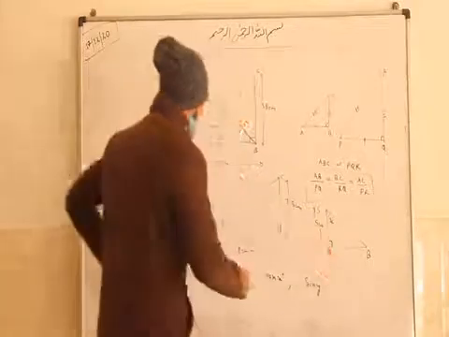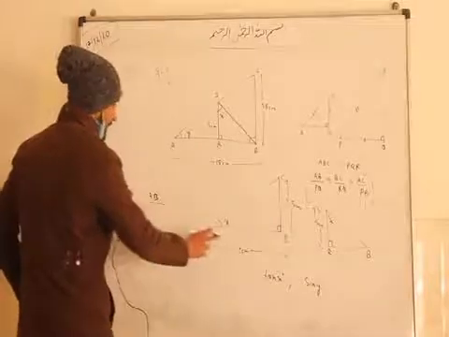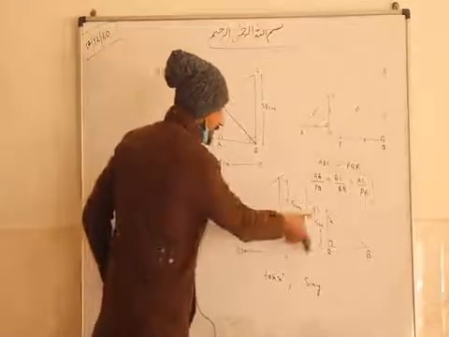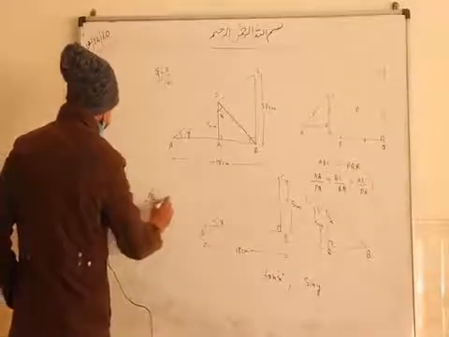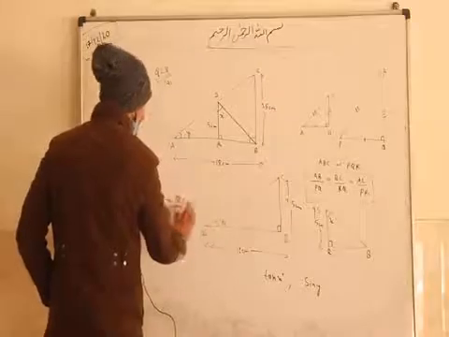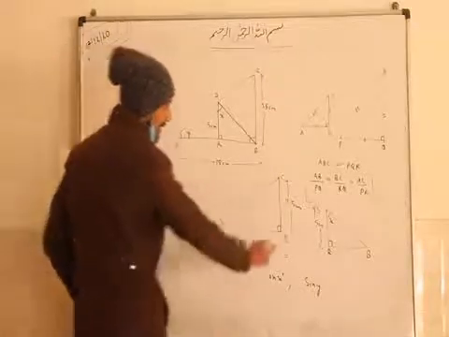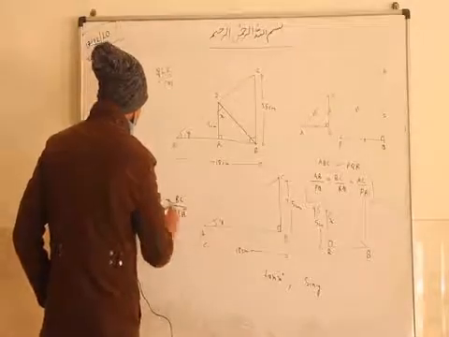So we compare AB upon SR, base to base, is equal to BC upon RB, perpendicular to perpendicular.